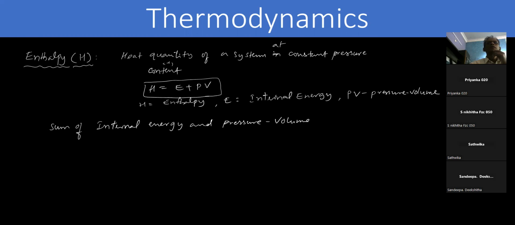What I am doing here is defining the statement for enthalpy from the equation. Enthalpy is the sum of these two, that means internal energy and pressure volume of a system. This is another definition for enthalpy.